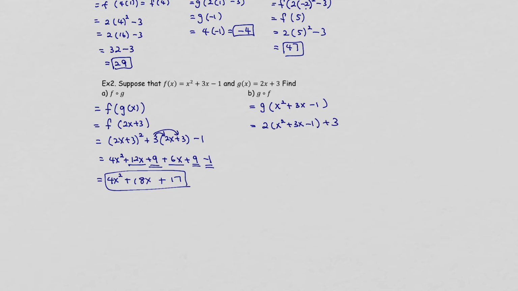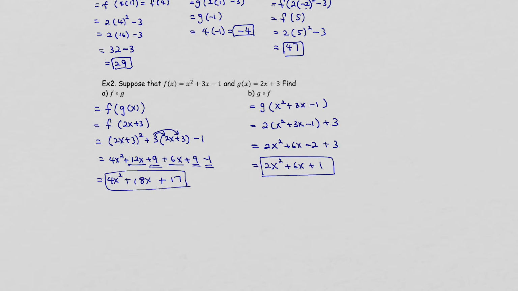Plus 3. Open the parentheses by distributing 2. Combine the like terms. You get 2x squared plus 6x plus 1. As you can see, even though we use the same functions backward, you will end up getting a different answer. So don't forget that.